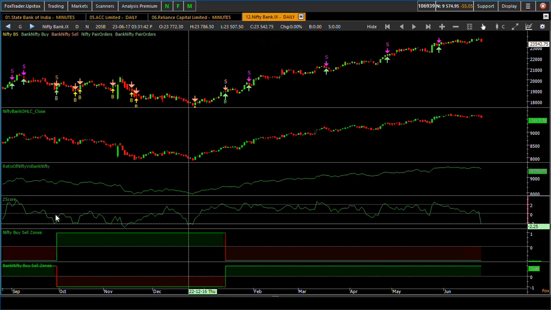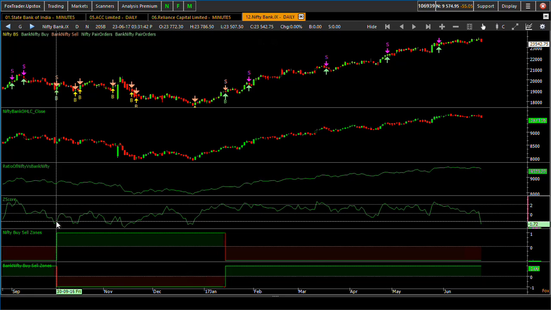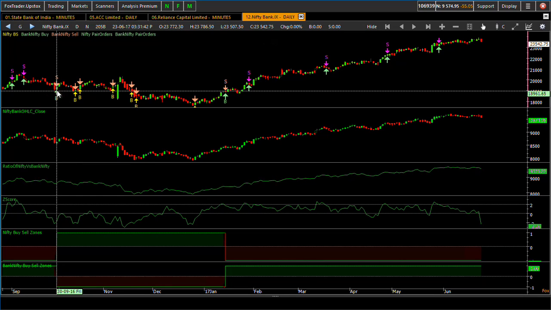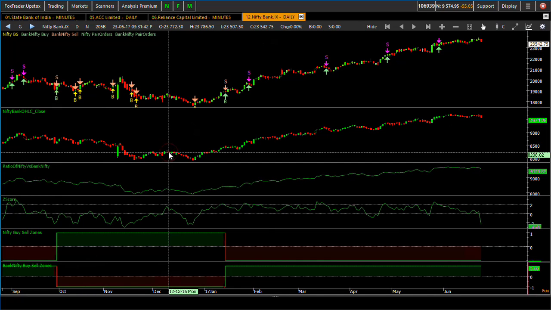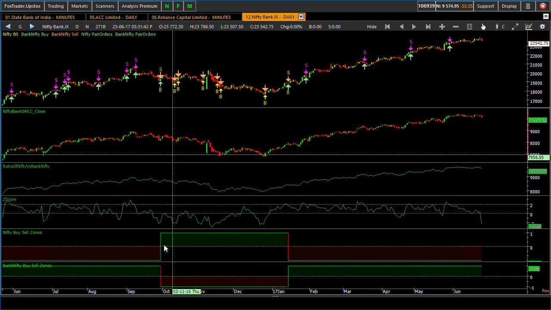So Z score is giving me a deviation of +2 and -2. On that ratio I have an indicator made that if it cuts such a level, I want to go long. Okay, so if I'm long on one contract, at the same time I will go short on the other contract. So if you see here the long and short zones that I have made, it's like going long on Nifty. This is the Nifty buy sell zone and this is the Bank Nifty buy sell zone.